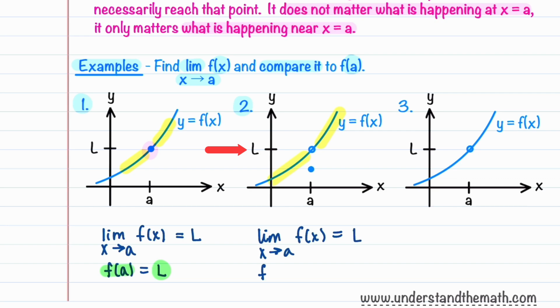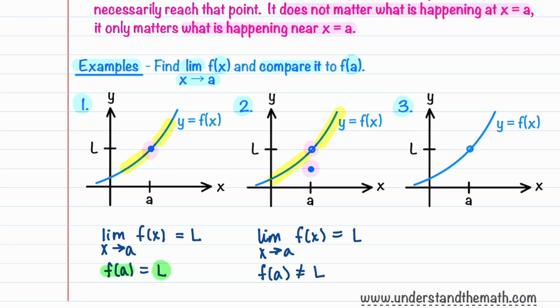Now let's look at f of a. Notice at a that our function is defined right here. That value is different than the value L. So that tells us that f of a is not equal to L.